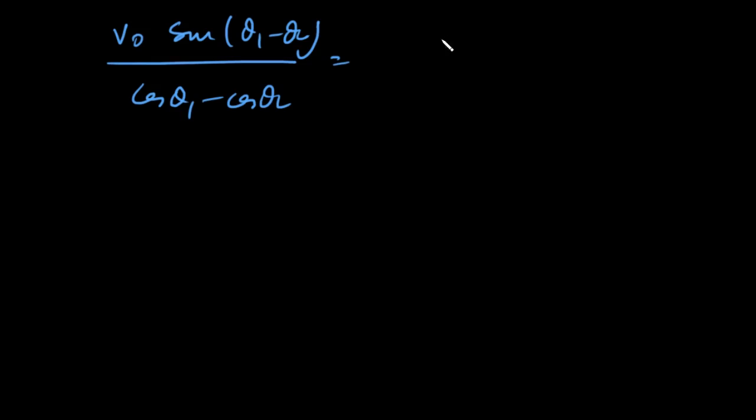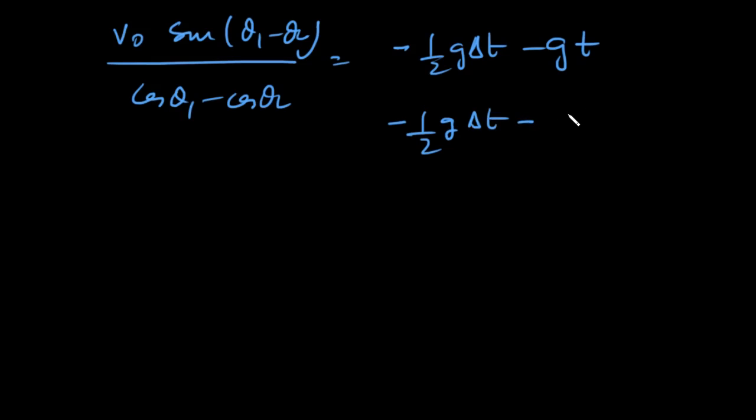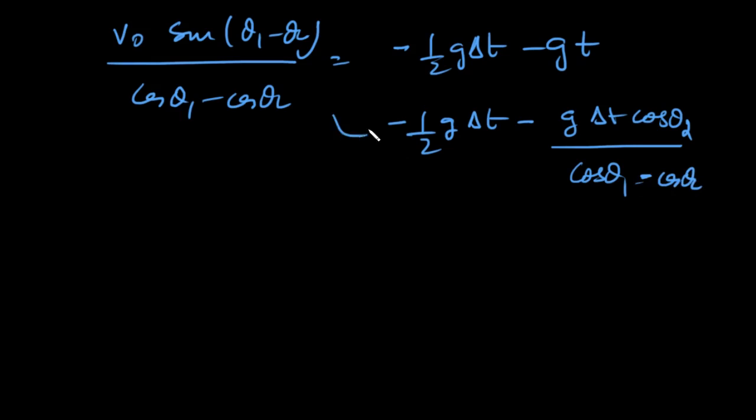This would be equal to minus half g delta t minus g t. Again we apply the expression for t, so we have minus half g delta t minus, okay, g delta t cos theta 2 divided by cos of theta 1 minus cos of theta 2. This is equal to this.